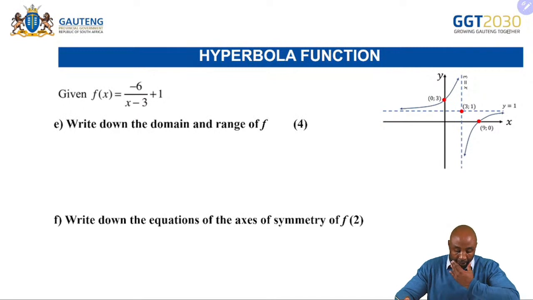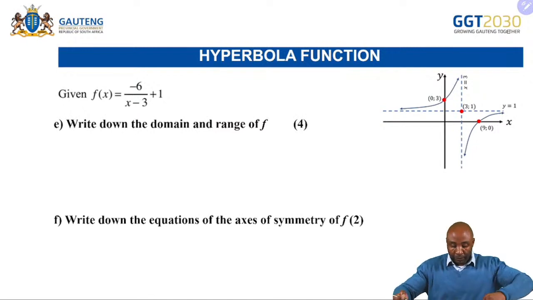Write down the domain and range for both. For the graph of f, we are writing for both domain and range, 2 each, hence we have 4 marks there. The equations of the axis of symmetry of f, we have 2 marks there.